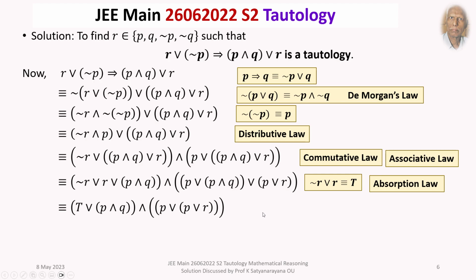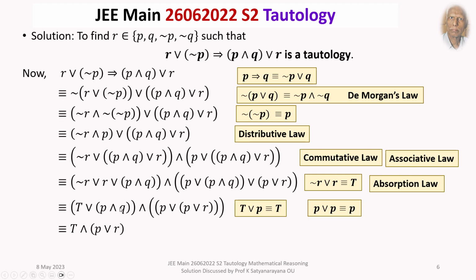Now, T or P, for any statement P, the truth value is T. So this is T only. And here P or P is P. That is the idempotent law.